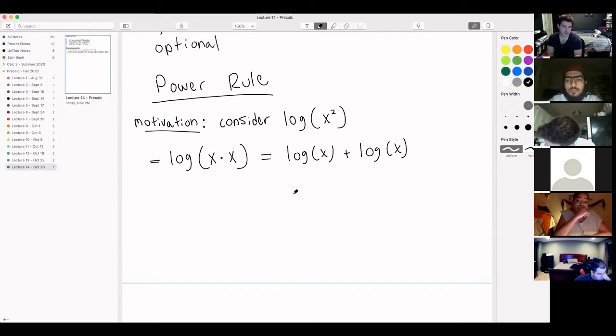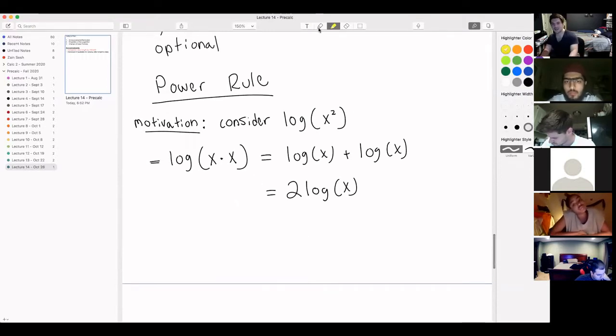Okay, so far so good. And now these are like terms. They can be combined to be 2 log x. Aha, do we see what happened here? Essentially, we took the power of the input of the log and it comes out as a coefficient.